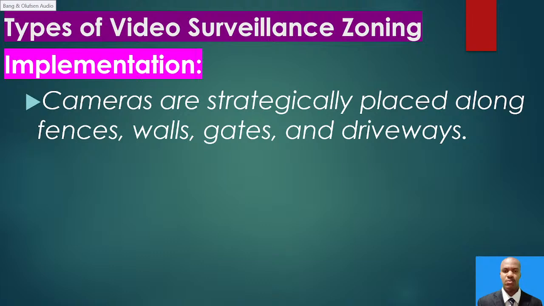Strategically here simply stands for the view must be optimum, and it must provide a very quality, very clean view in the form of footage, so that you may be able to know what happens in that area. So in case of a security breach, you may want to understand what was the actual thing that was happening.